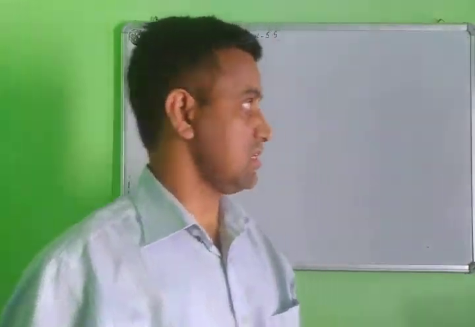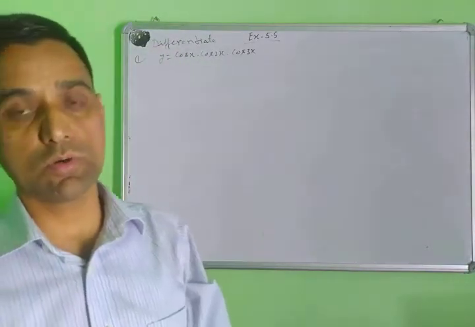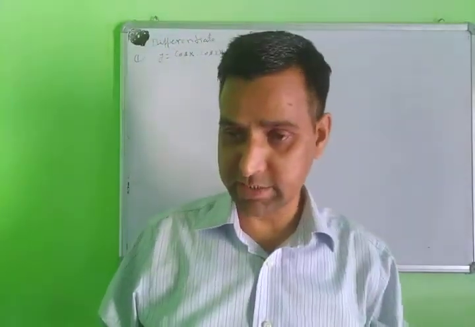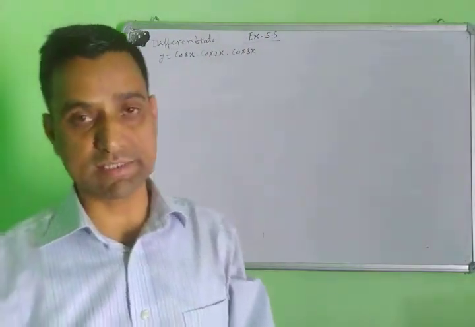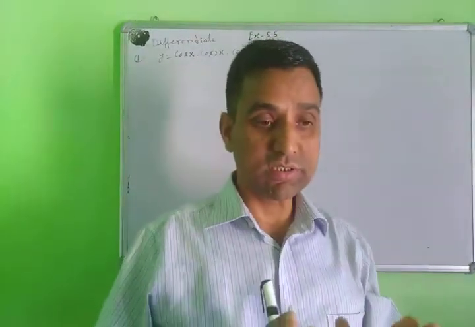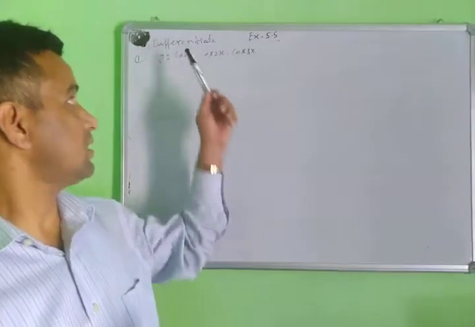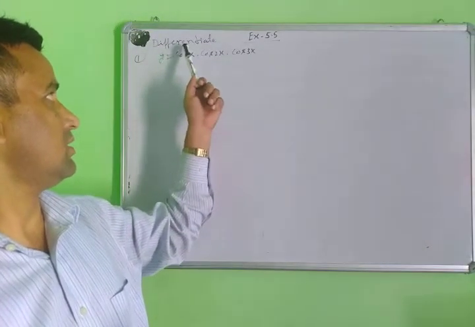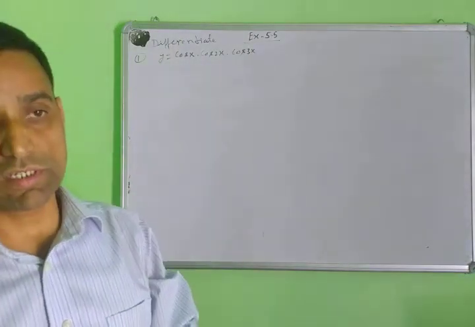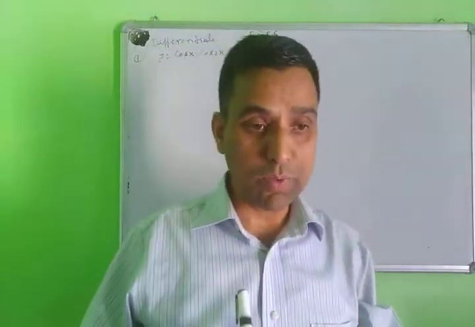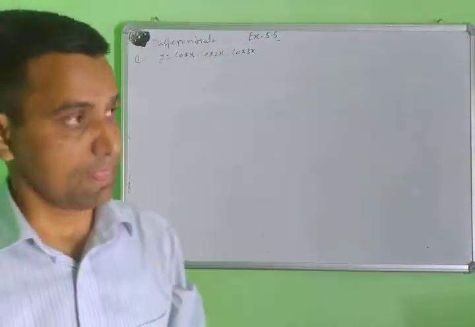Now the question: differentiate y equals cos x dot cos 2x dot cos 3x. This is a product of three functions here: cos x, cos 2x and cos 3x. This is not a simple question. If it were a single function, the solution would be simple. But when there are 2, 3, 4 functions, you should always use log, otherwise you will make a mistake.